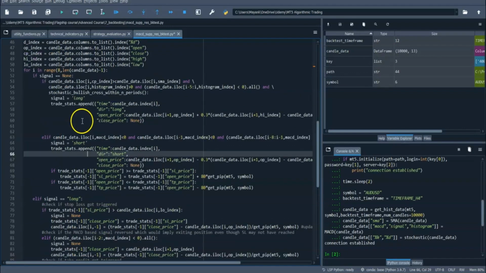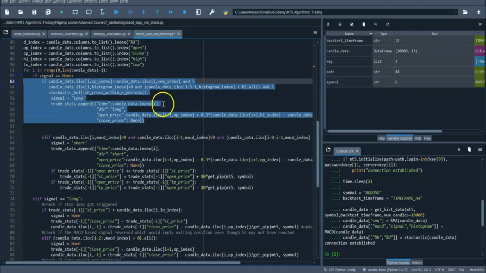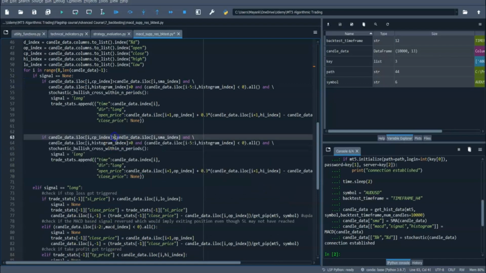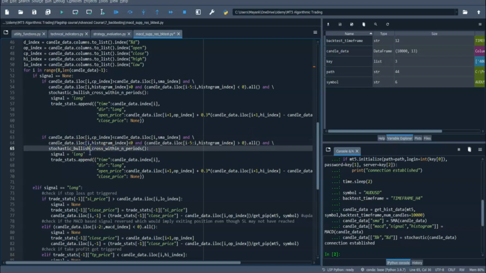Let's do the same thing for short. It would be easier for me to just copy this code bit and paste it here and make the relevant changes. Here it would be less than 0 again, and this would be greater than 0. I'll have to make another function called bearish crossover.